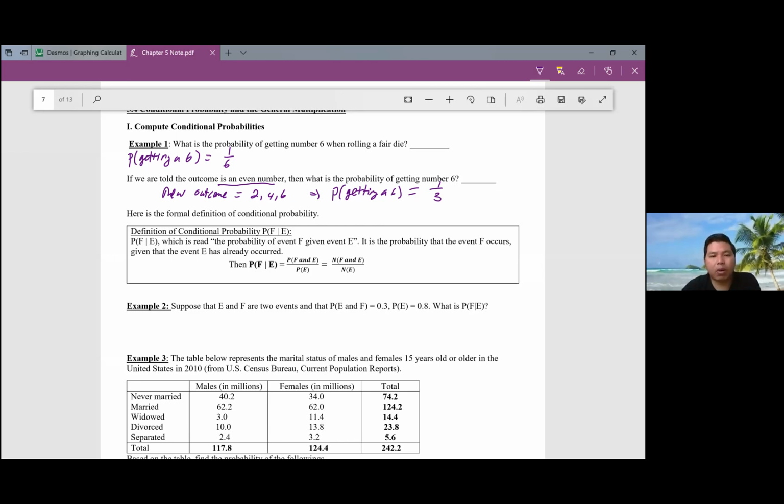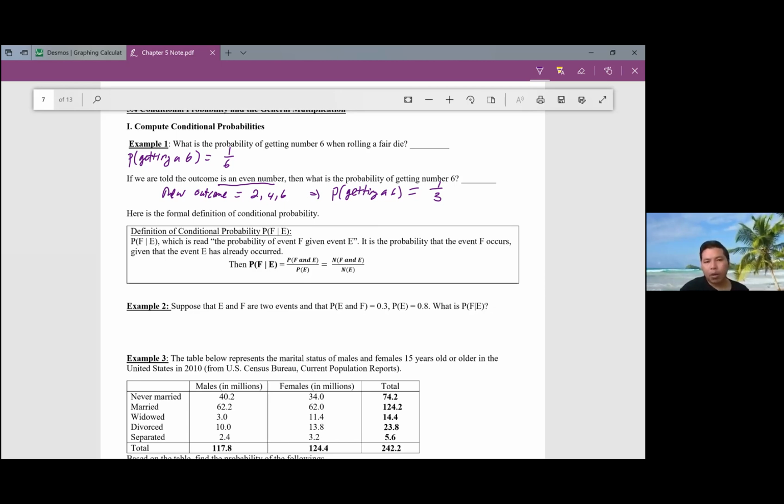That vertical bar stands for given. So we read it as find the probability of event F given that event E already occurred. Okay, so we already know the outcome of event E. So now we just need to find the probability of event F.